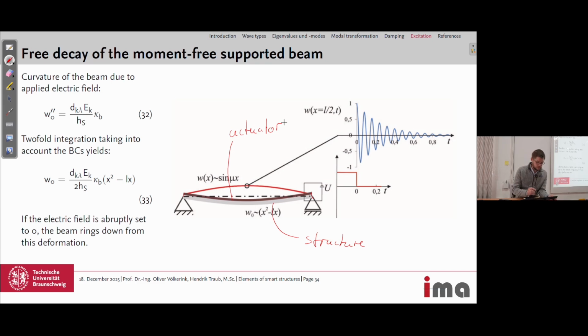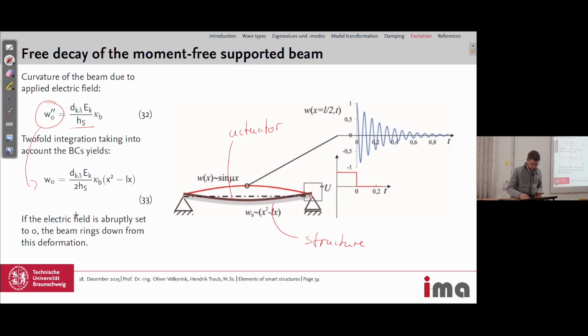Then we can describe the curvature of the beam, the second derivative of W, with this small signal behavior equation again, and we can integrate it two times and, taking into account the boundary conditions, come up with a description of the deflection of the beam due to the actuator.